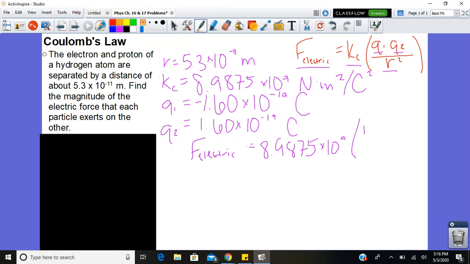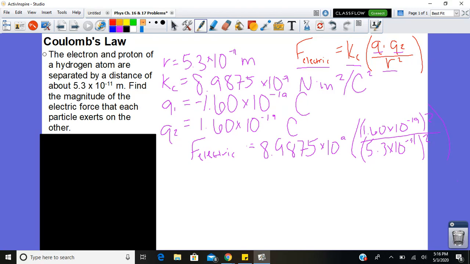So I have 1.60 times 10 to the negative 19th times 1.60 times 10 to the negative 19th, because they're the same thing, so I'm just going to square that. And my R value was 5.3 times 10 to the negative 11, and that is also squared, because that's an equation.